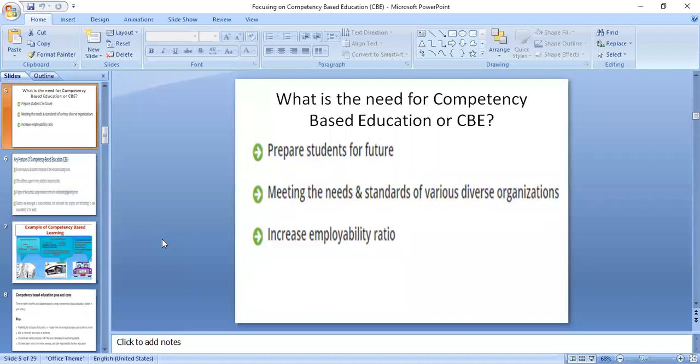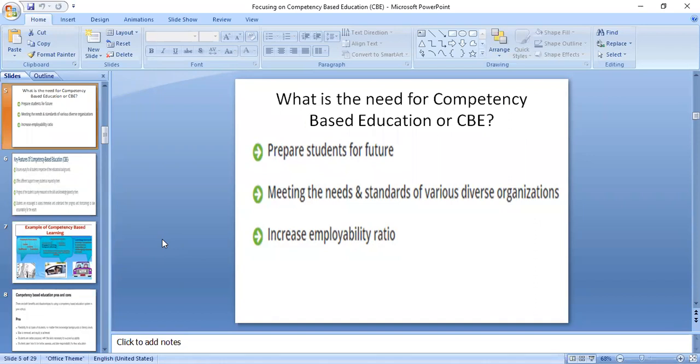Next, what is the need for competency-based education, or CBE? First, it prepares the student for the future. It focuses on the skills of students rather than completing the syllabus only, which makes the student future ready. Next point is meeting the needs and standards of various diverse organizations.